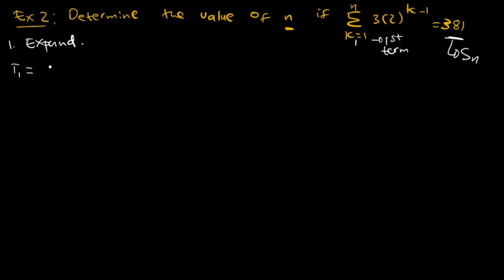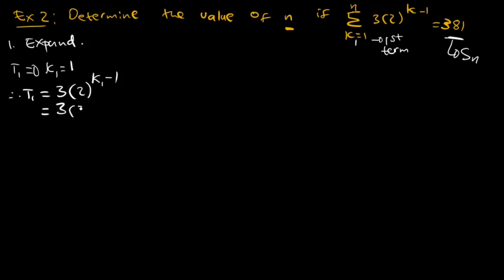So for t1, k1 will be 1. So we know from that sigma notation, therefore t1 is, you take that expression as it is, 3 to k1 minus 1.